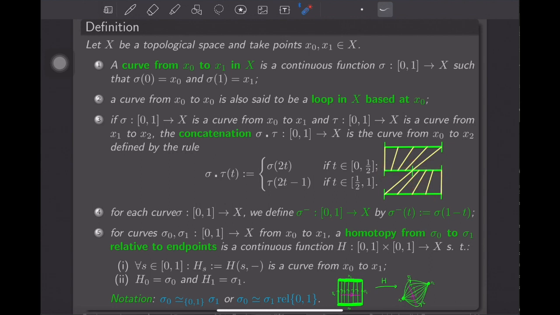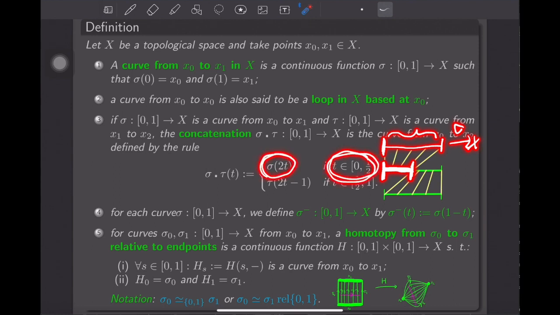But for the first half, I first have to enlarge it to the whole unit interval, so that here I can apply sigma. So in the interval 0, 1/2, I have to traverse sigma, but twice as fast.